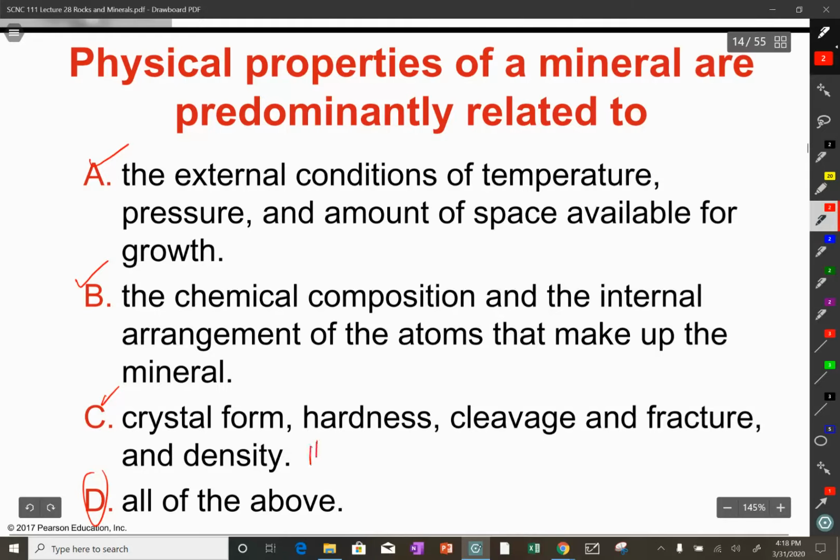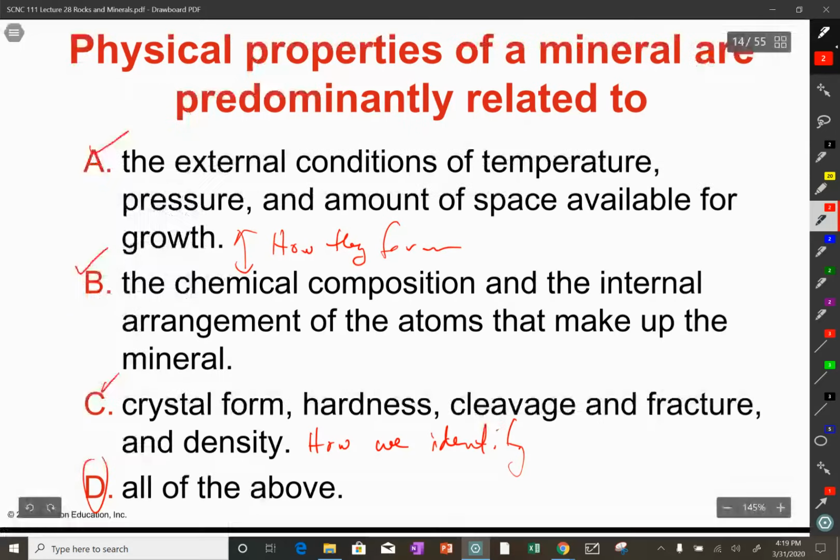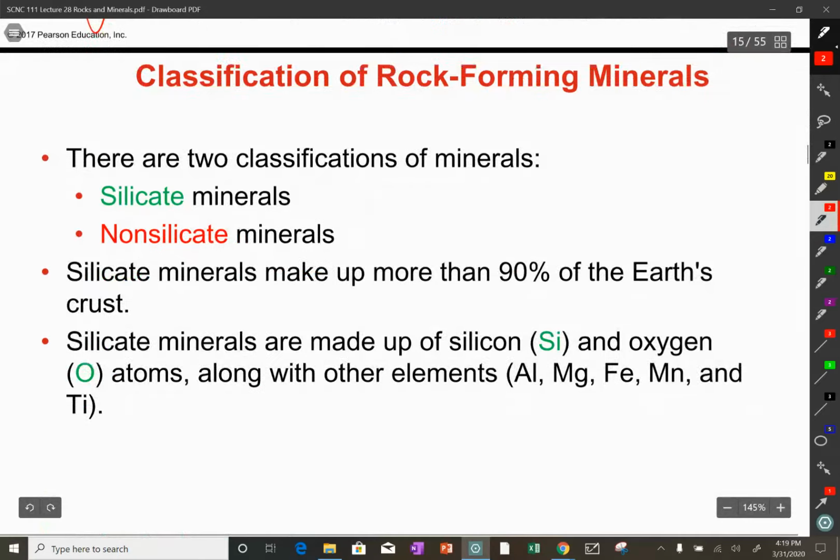This is how we identify. These two here are very closely related with how they form. But all of those are very important to mineral identification.